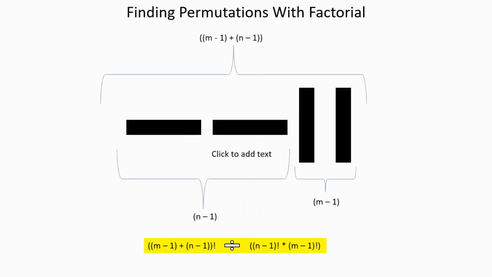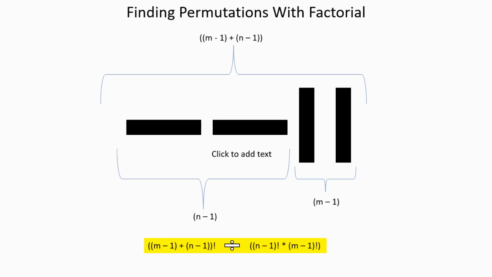So if we go back to our line example, there are m minus 1 vertical rods and n minus 1 horizontal rods. The number of rods in total is m minus 1 plus n minus 1.